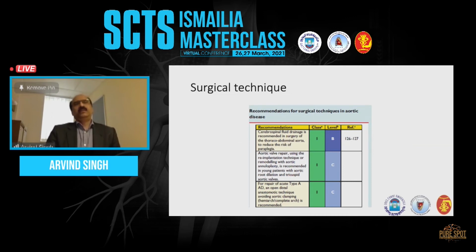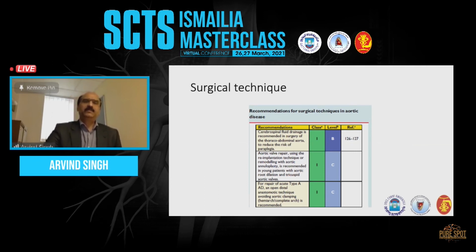The second mention here is aortic valve repair using the reimplantation technique or remodeling, which is recommended in young patients, especially if their aortic valves are tricuspid. So again, the leaning now is more towards trying to preserve the valve, trying to repair the valve.